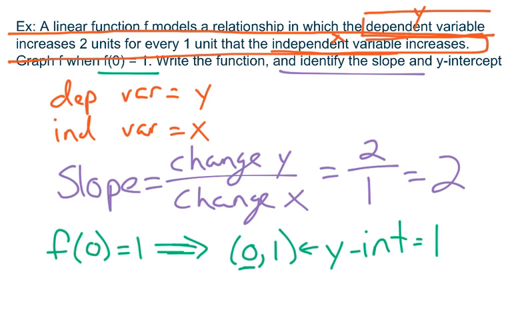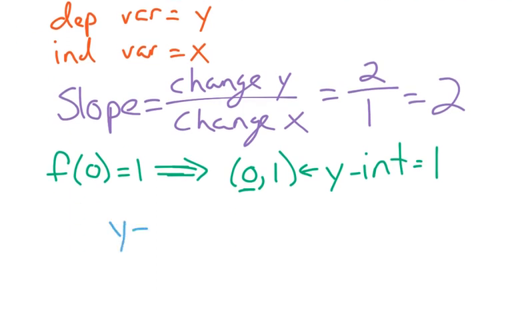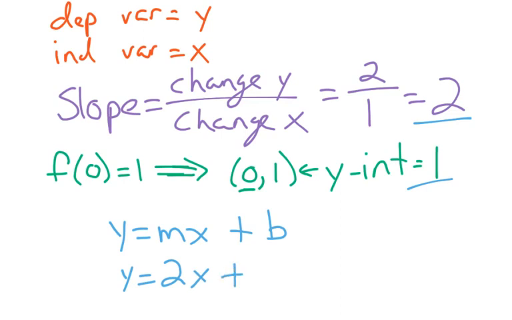Okay, so in order to write this in slope-intercept form, remember, y equals mx plus b, we need the slope and we need the y-intercept. We have both. So we got y equals our slope of 2x plus our y-intercept of 1.